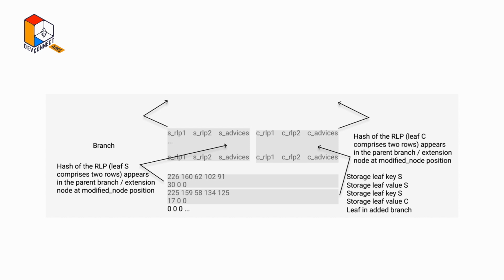Yeah, this just shows how the storage leaf takes 2 rows for the C proof, for the left proof, and 2 rows for the right proof. And one of the things that needs to be checked is that sometimes the length of the nibbles varies.